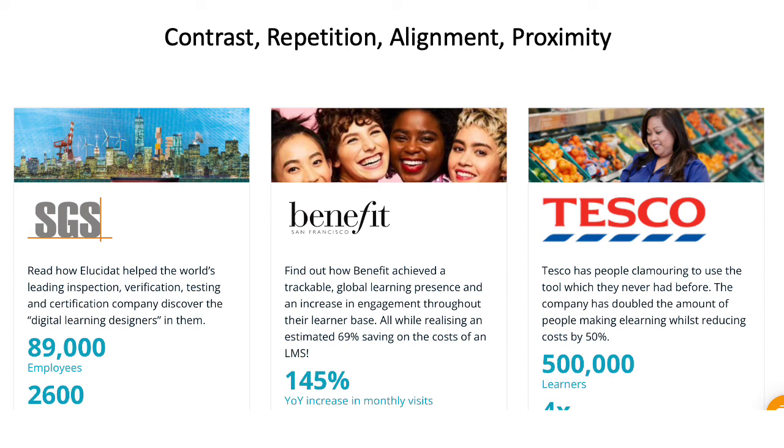So really strong alignment there. And proximity. So the text in the paragraph is in close proximity to the name of the company, so we know that there's that connection there. The numbers, the data is in close proximity to the text. So all of that is packed together in one little unit, which tells the viewer all of that is connected. So a great example of all four visual elements.